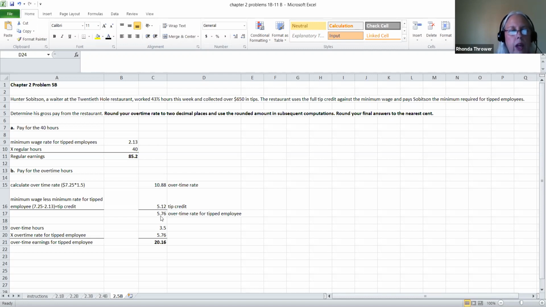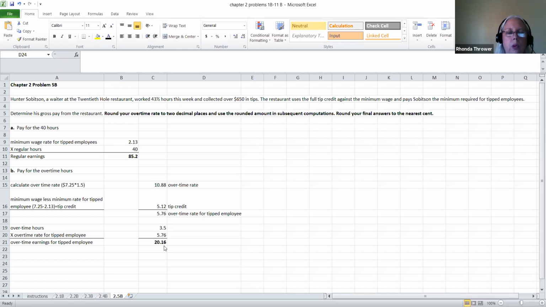The number of overtime hours was 3.5 hours times the overtime rate that we just calculated for a tipped employee, which is $5.76, will give you total overtime earnings of $20.16.